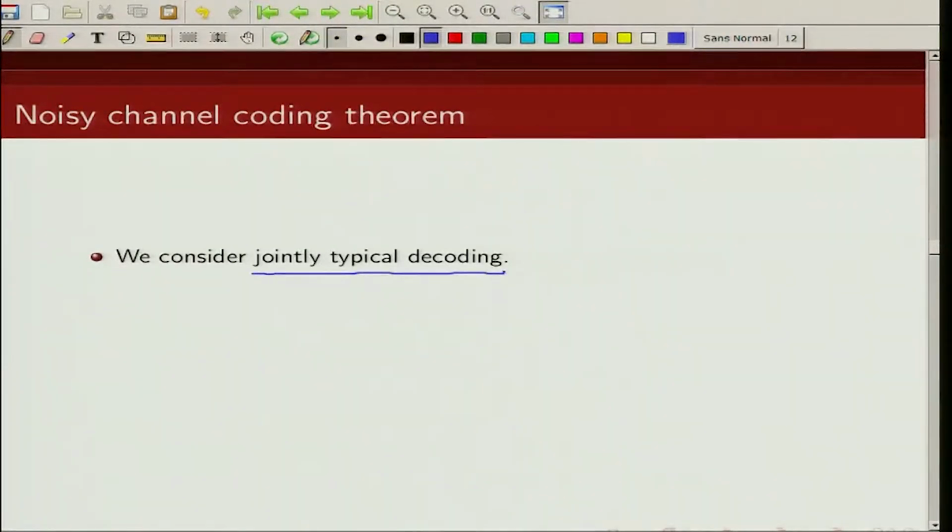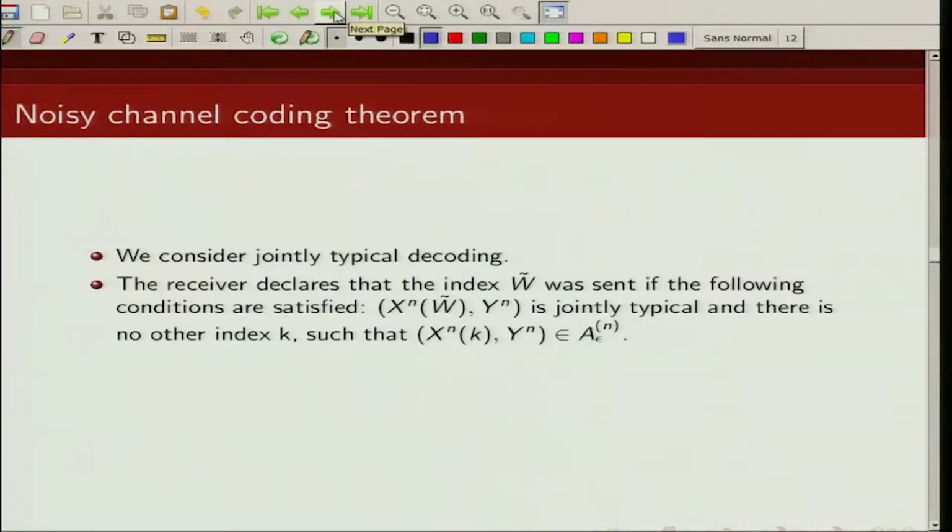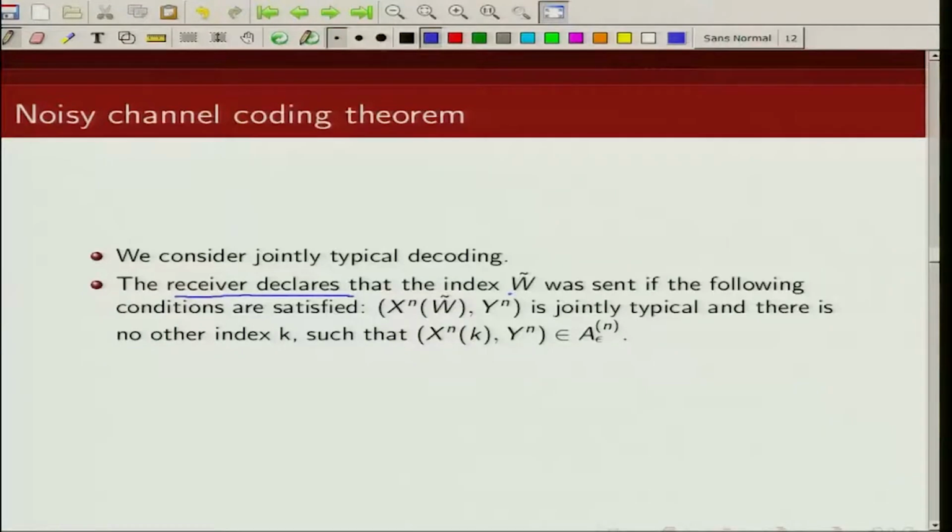So we are going to do a typical set decoding. Now this is a suboptimal decoding technique, but asymptotically it is basically optimal. So how does typical set decoding work? It works as follows. The receiver declares that an index W tilde was sent if the following conditions are met.